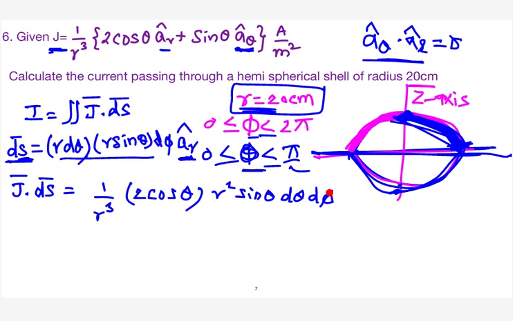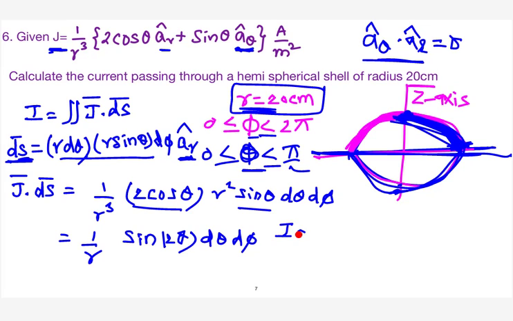So what is the value you will get? This is equal to 1 by r into 2 sin theta cos theta. You can write it as sin 2 theta, into d theta into d phi. Now you can integrate this to get the current. 1 by r is a constant, so take it outside.